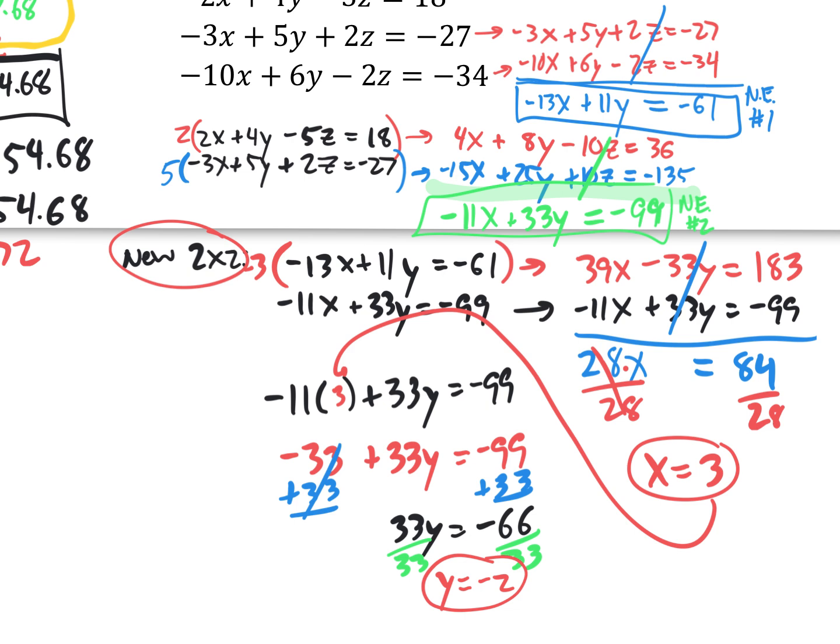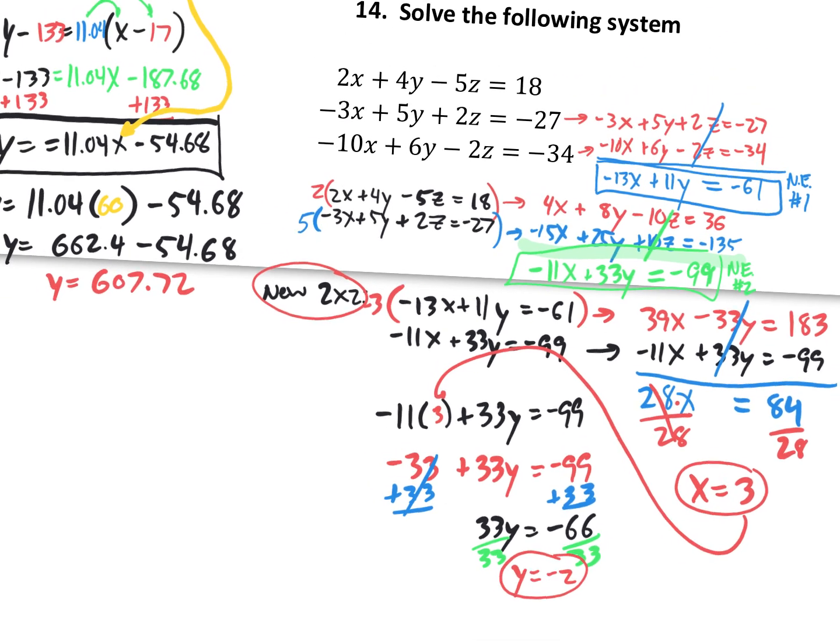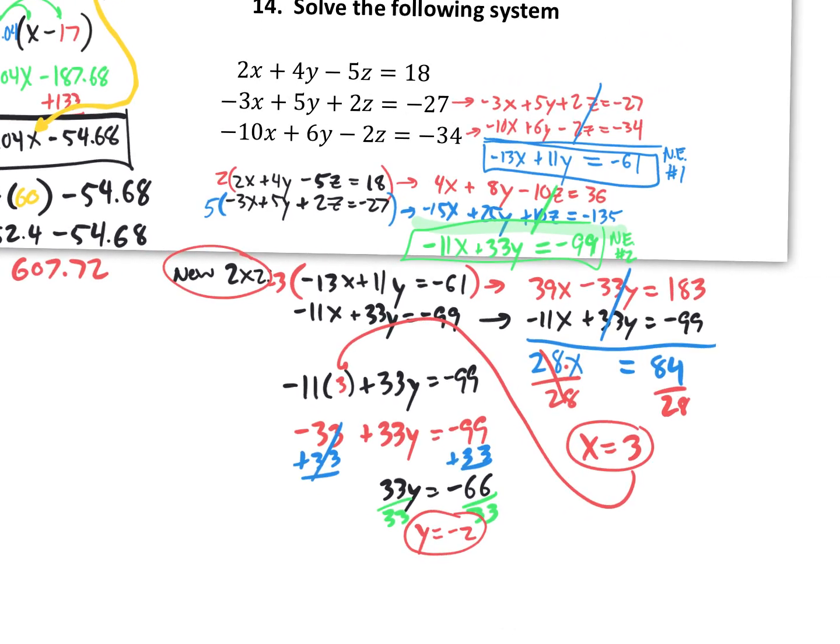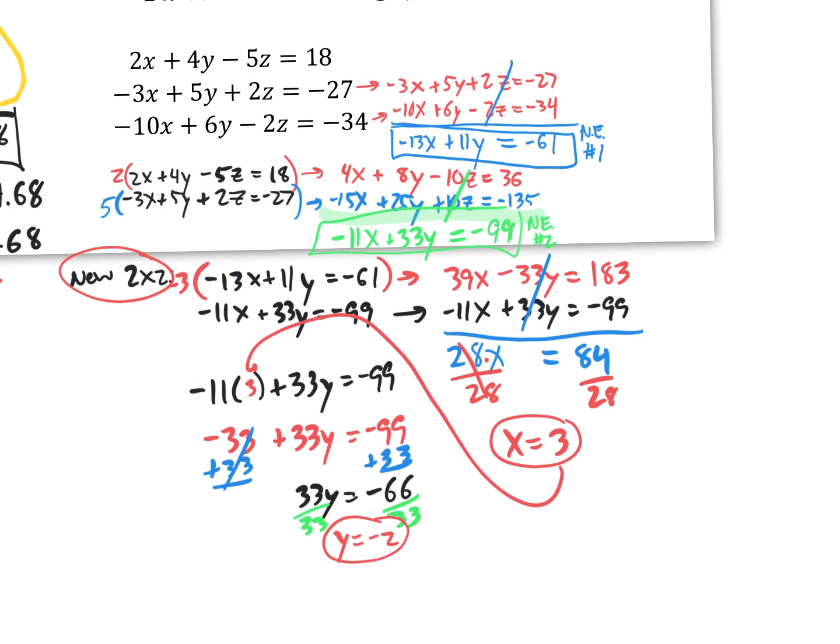We still need our z's. So let's take that x and that y, and plug it into any original one. Do you guys want to do the top, middle, or bottom? Top sounds good. So I'm going to rewrite this top one.